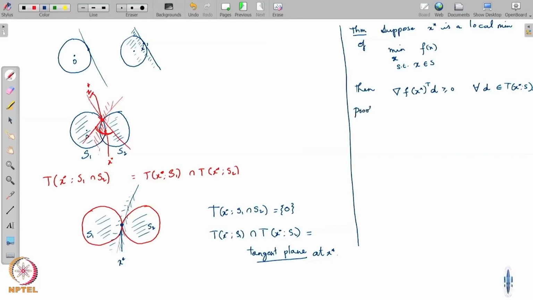Okay. The proof is very easy. So the proof is, suppose it is not the case.